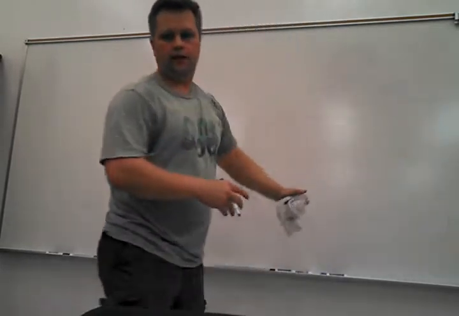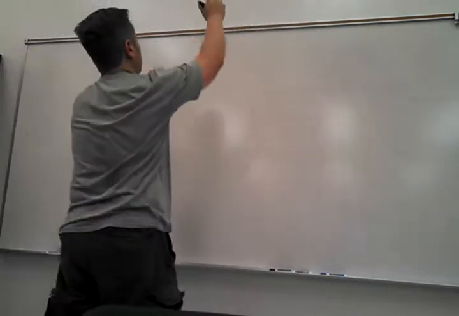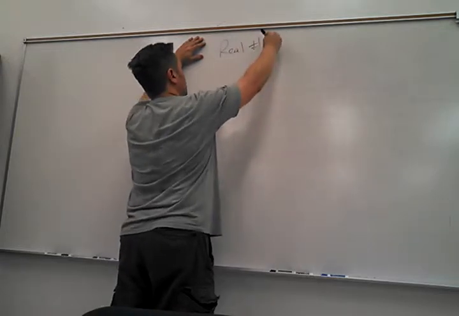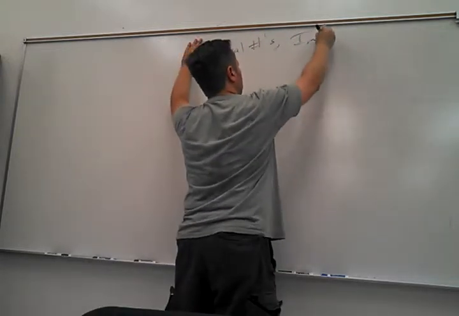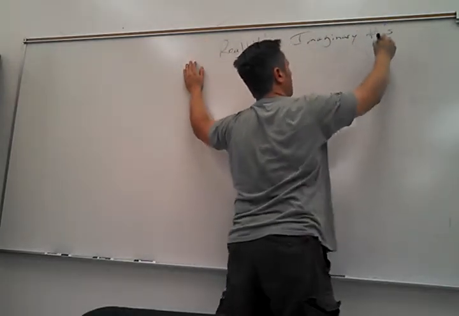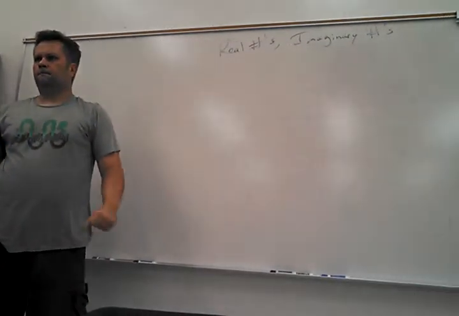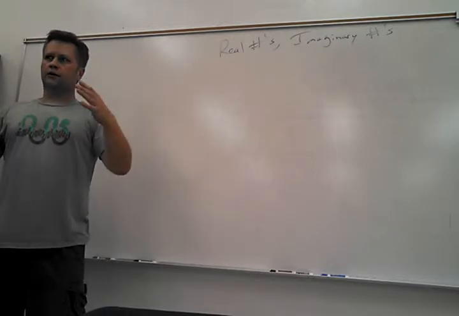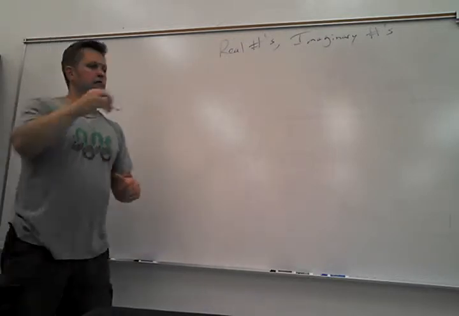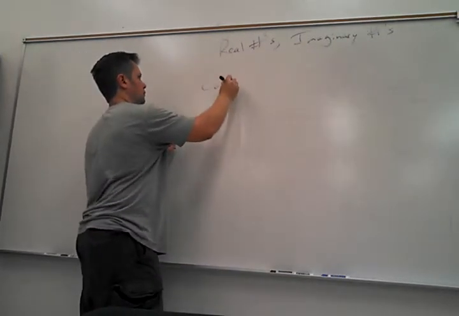So let's get a little bit more out there. We have real numbers, and we have imaginary numbers. If you put these together, you get what's called complex numbers. Right?